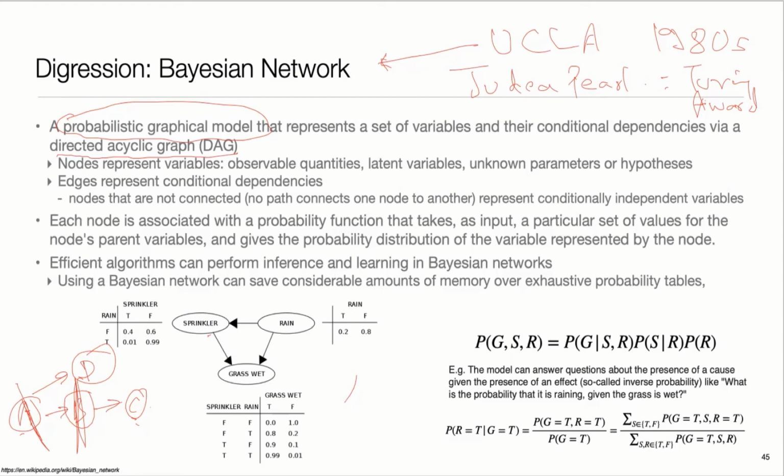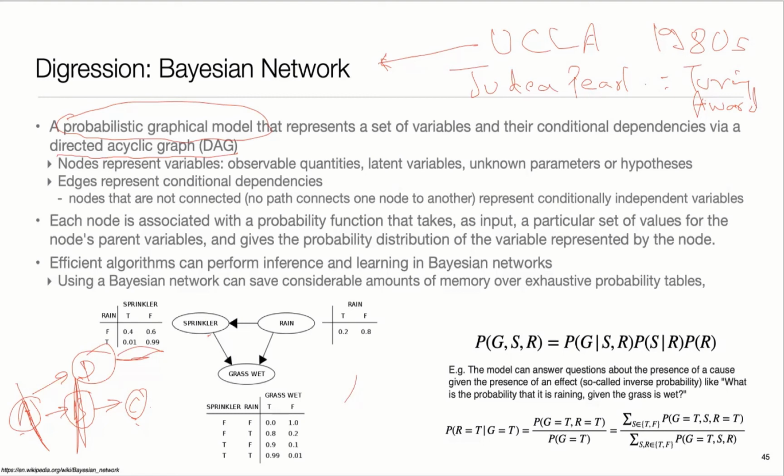But what this edge structure lets us do is we basically only have to worry about our parents. So for sprinkler, we only have to worry about a table which, given 2 different values of rain, true and false, gives the probabilities for the sprinkler being on or off.